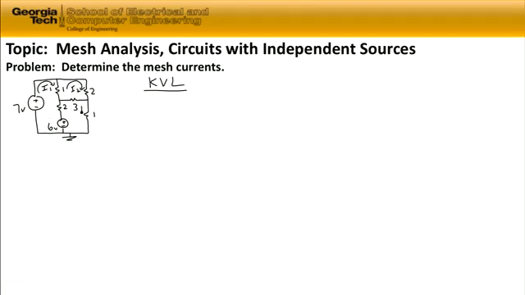And we also have the loop on the lower right-hand side of the circuit, and we're going to identify its current as I3. So we're going to add the voltage drops around each one of these loops to ultimately end up with 3 equations and 3 unknowns. We can then solve for our mesh currents I1, I2, and I3.